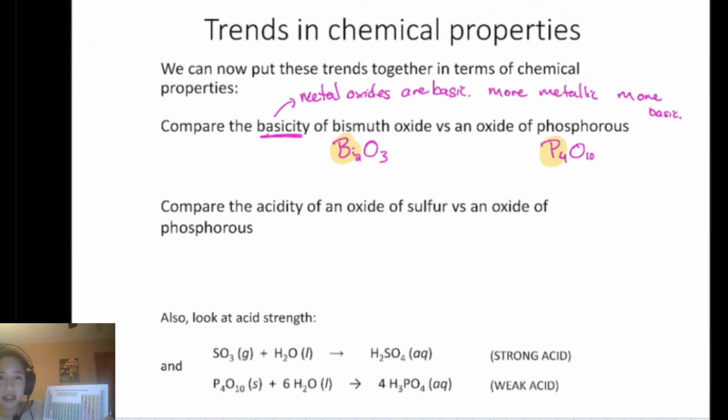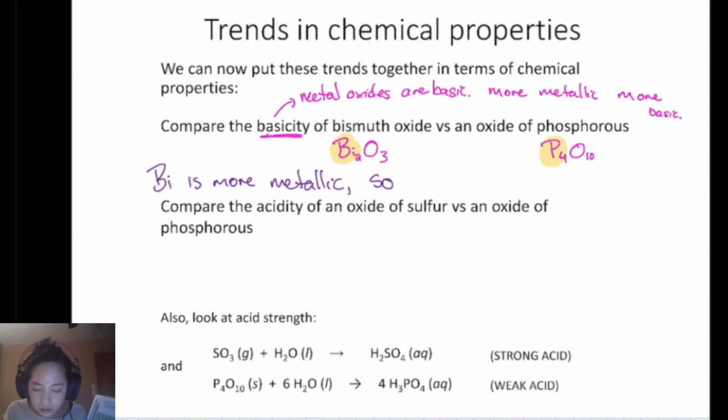If we remember basicity, metal oxides are basic, so the more metallic, the more basic. To compare basicity, I would say bismuth is more metallic, so the oxide of bismuth should be more basic. That's my thought process there.